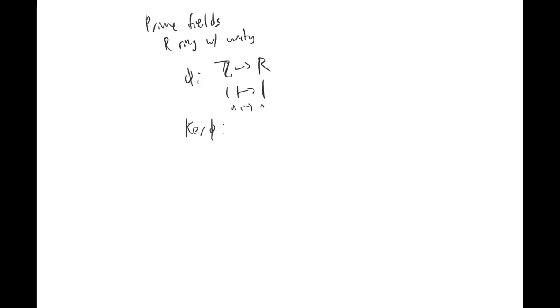If you remember, what is the characteristic? It's the smallest number such that 1 plus 1 plus 1, that many times, is 0. What you notice is that that's the kernel, because the characteristic of R equals n means n times gives 0 in R. This is precisely what the kernel is.